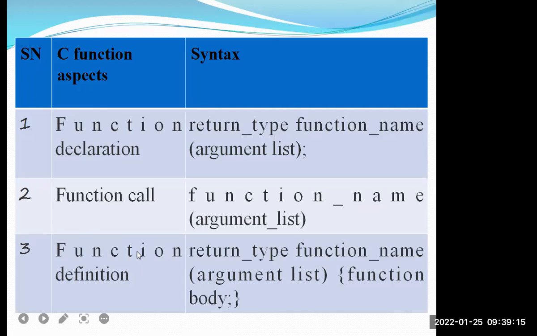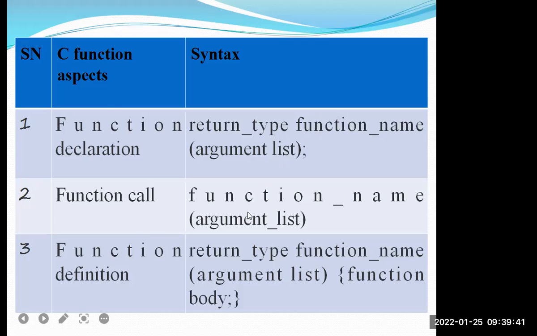This is the general syntax for all three aspects of the function. First is the function declaration, which should be global. You start with a return type, that is int, char, or float, then the function name, and within brackets the argument list.